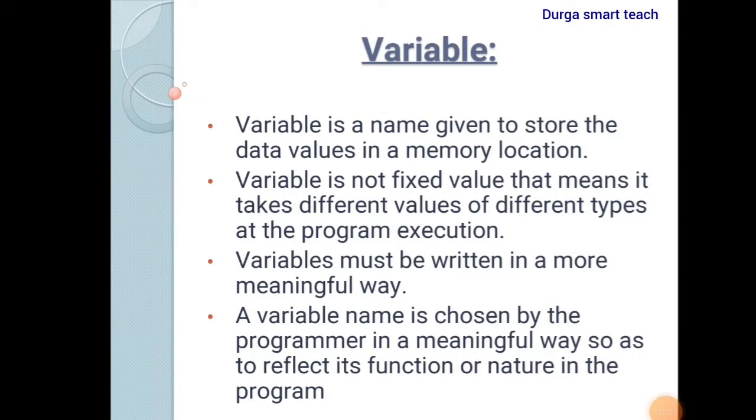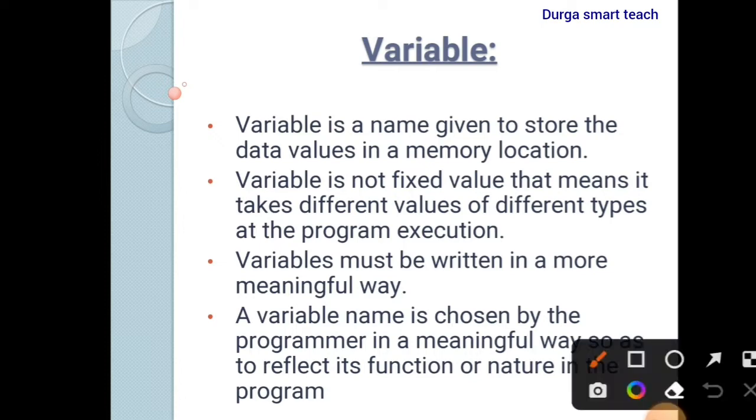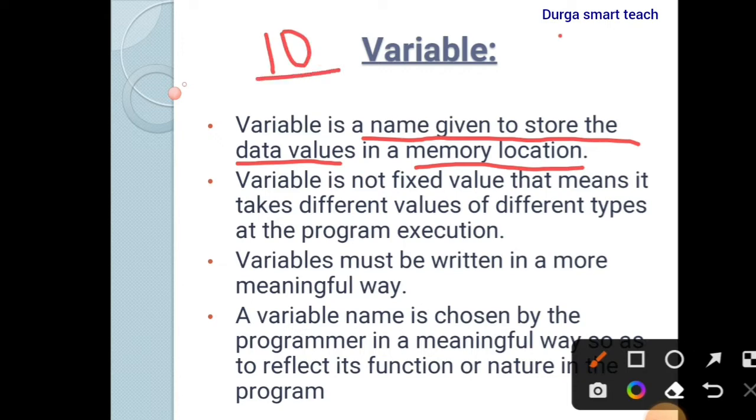Today I am going to discuss variables in C. A variable is a name given to store data values in a memory location. For example, I have a value that is 10 and I want to store it in a memory location. For this purpose, you need to have one variable.